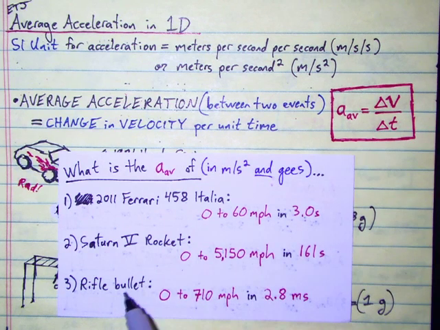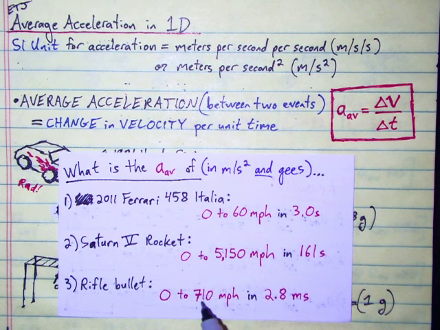And also of a bullet fired from a rifle. It accelerates from rest to 710 miles per hour when it exits the barrel. So from this speed to that speed, it's accelerating in the barrel, and it takes about 2.8 milliseconds to travel that far. You should know how to convert milliseconds to seconds. Look it up if you don't.